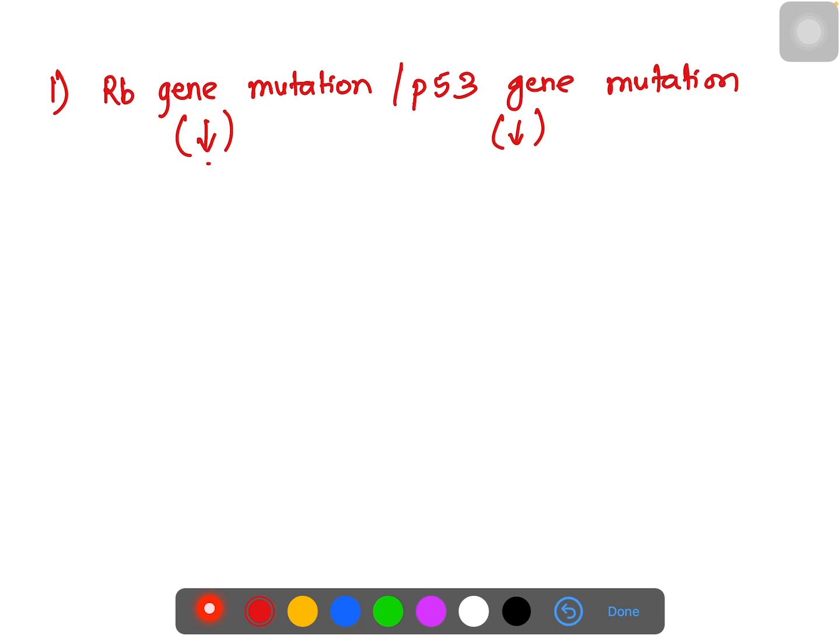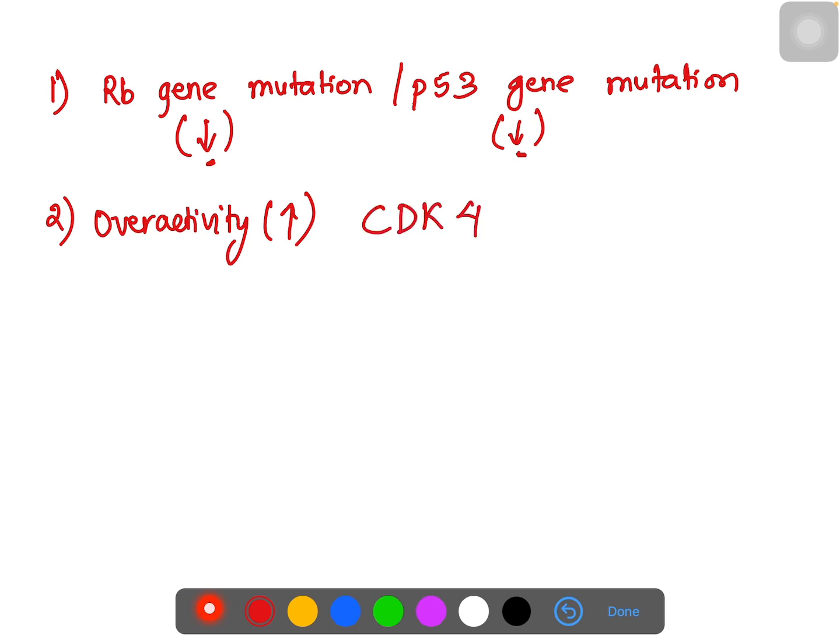Now, decreased activity of the RB gene, decreased activity of the P53 gene, or a mutation in these genes can lead to osteosarcoma. Along with the decrease in activity of these genes, overactivity of some genes such as CDK4, cyclin dependent kinase, and MDM2 can lead to osteosarcoma.